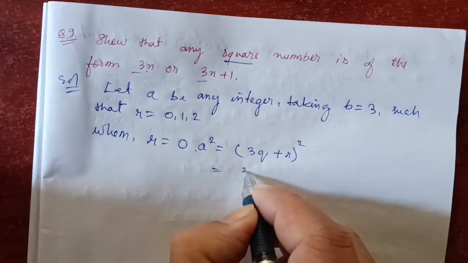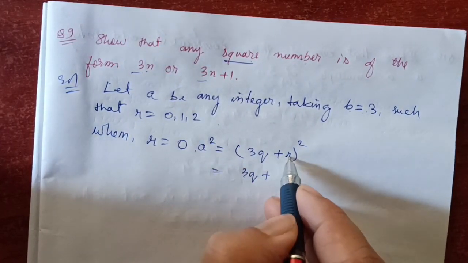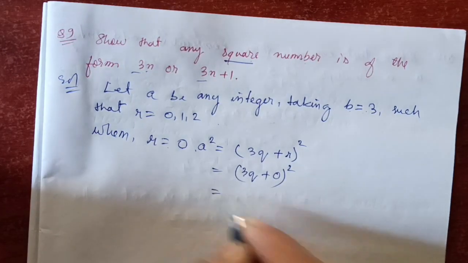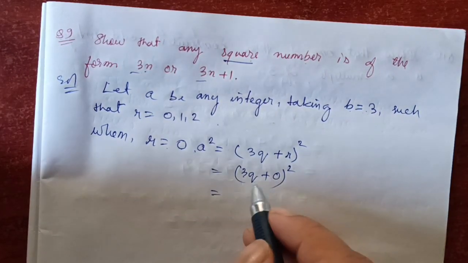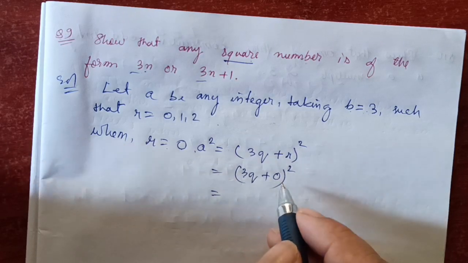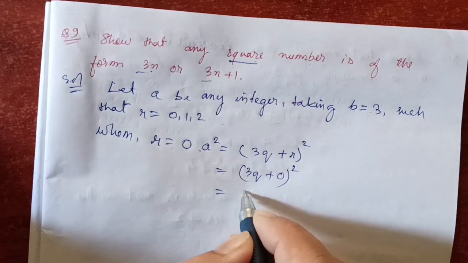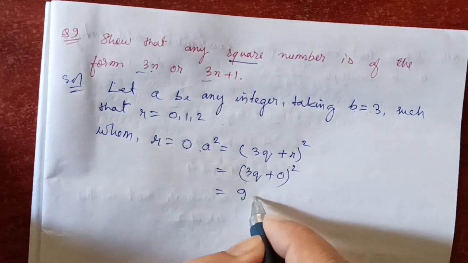We take the square of 3q, our r value is 0. So 3q plus 0 is still 3q, so 3 square is 9, q square is q square.